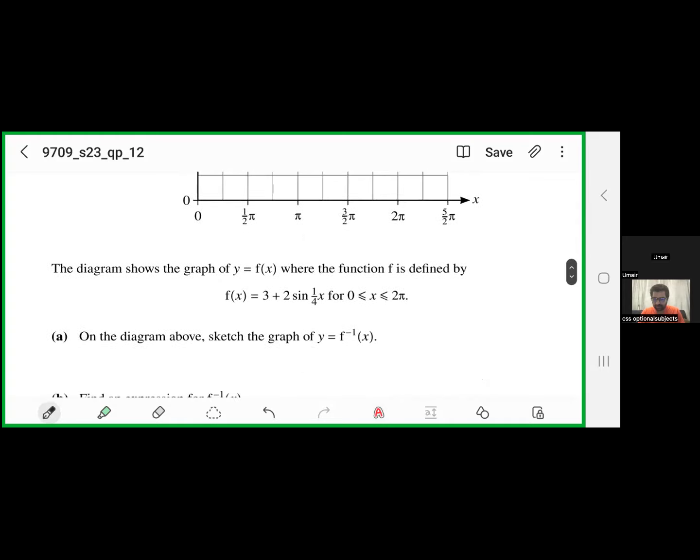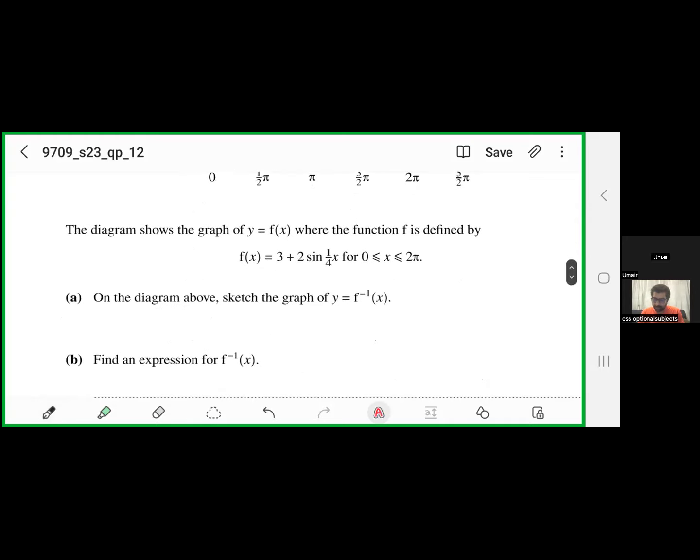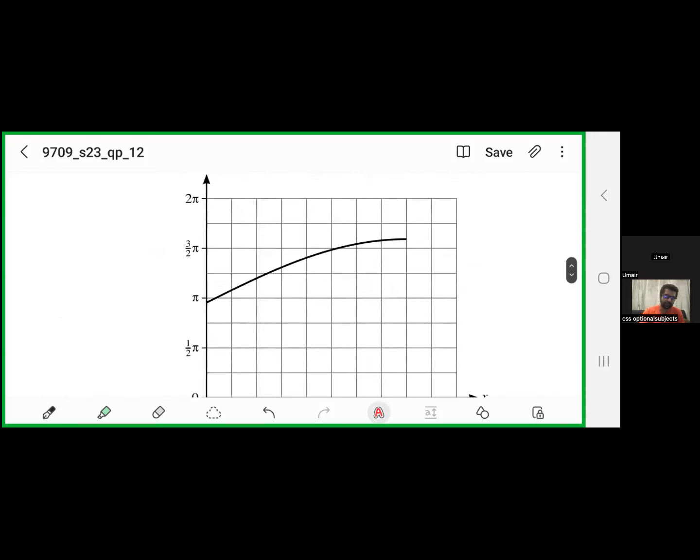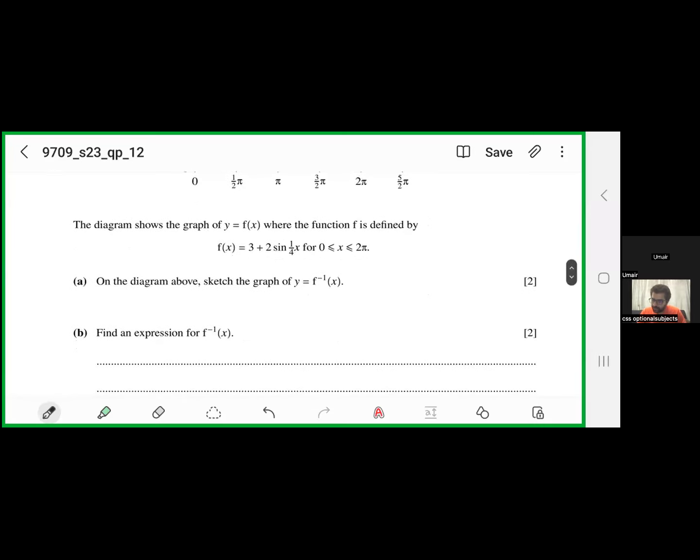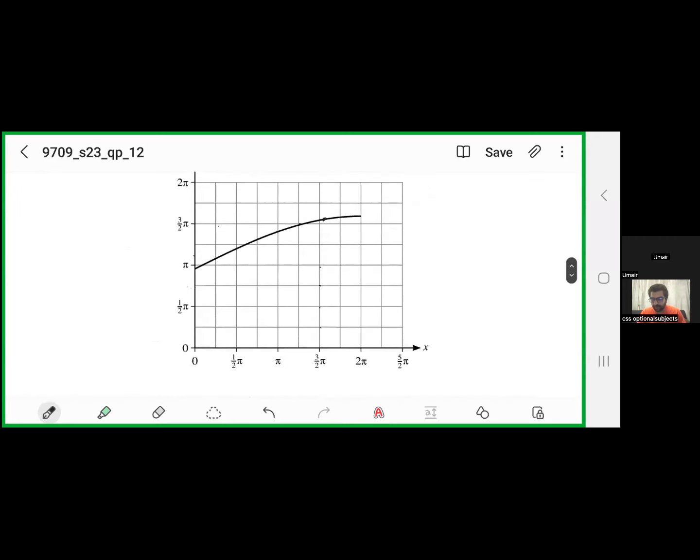The next question is, the diagram shows the graph y is equal to f(x), where the function f is defined by this given equation. This is the range. On the diagram, sketch the graph of y is equal to f inverse x. Now, in this case, we have to sketch the graph of y is equal to f inverse x. So, in this sort of question, first of all, draw the line y is equal to x.